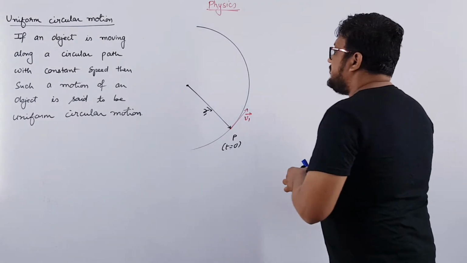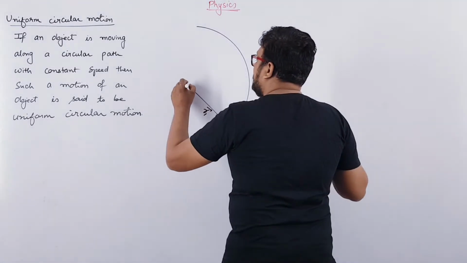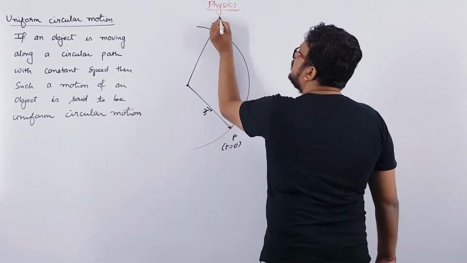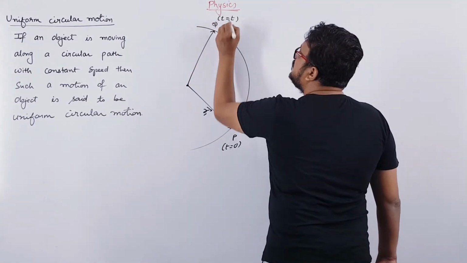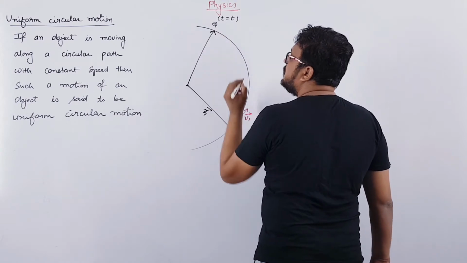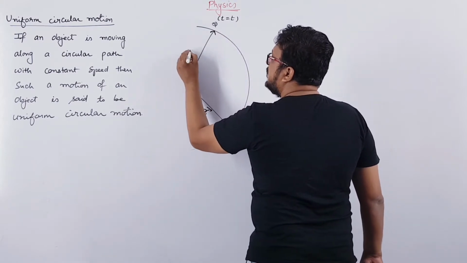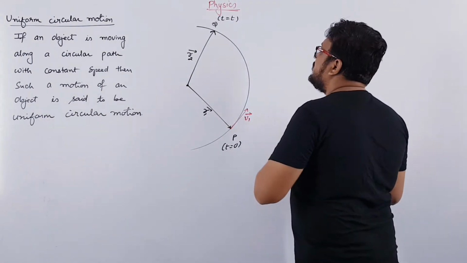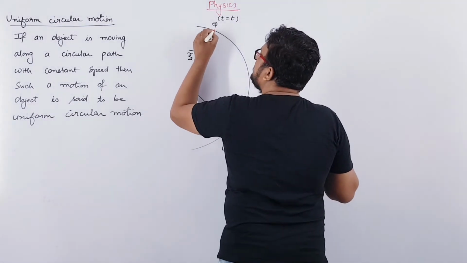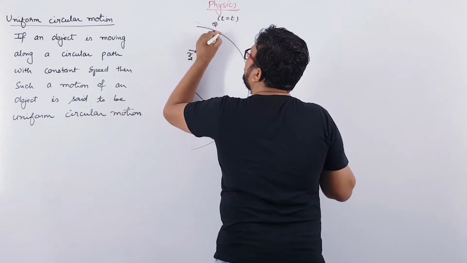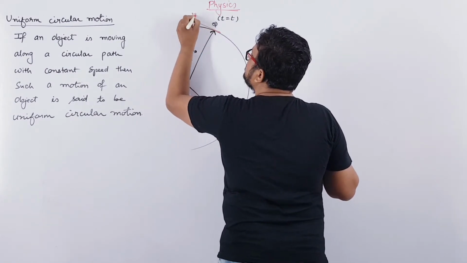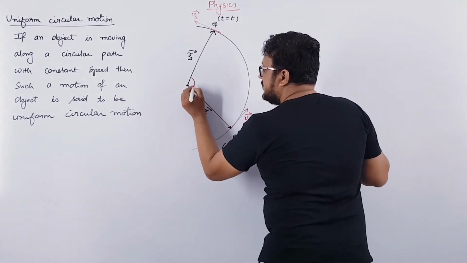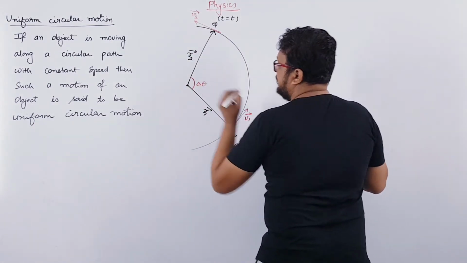After time t, suppose this particle moves to point Q. At time t is equal to t, particle is at point Q having position vector r2, right? So at this point, let us say its velocity will be v2. You have to draw tangent at a given point, so the direction of velocity will be this. Let us say this is velocity v2, and this angle is, let us say, delta theta.